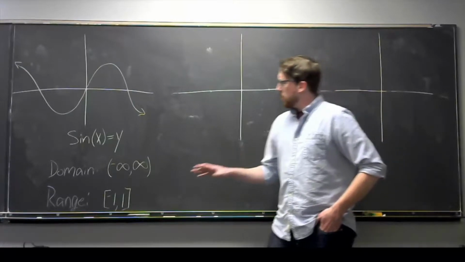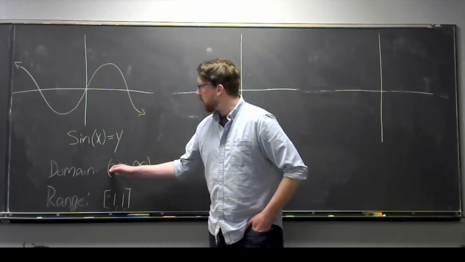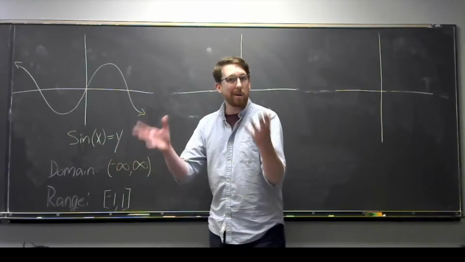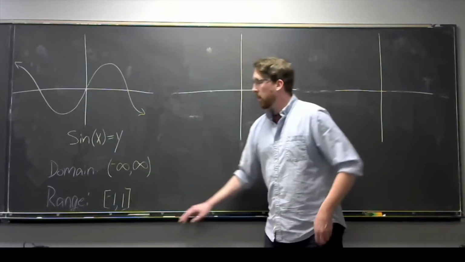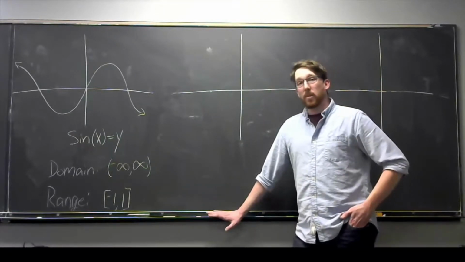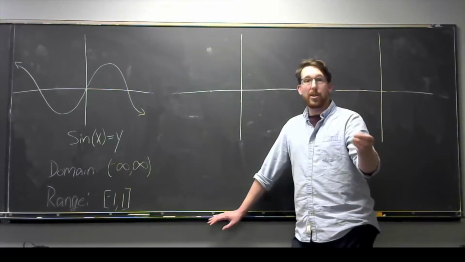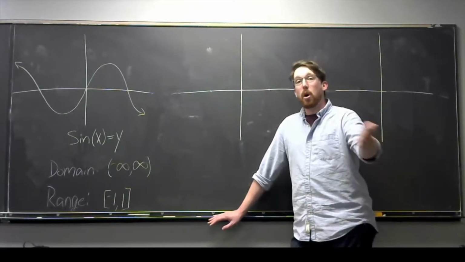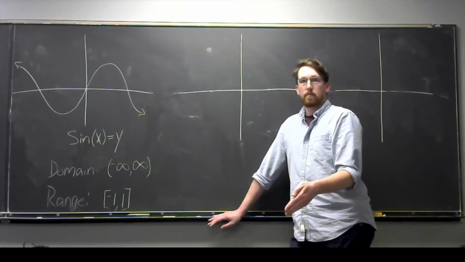Also notice the notation is a bit different here. One uses a rounded bracket, the other one uses a square brace. There's a reason for that. A rounded brace means you can't include that value. You can go all the way up to, but you can't include it.